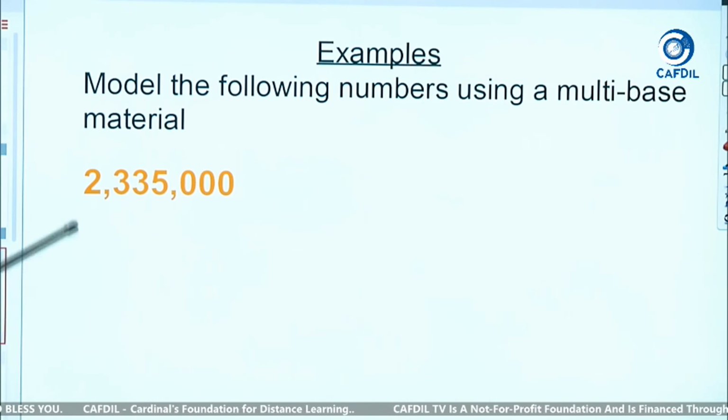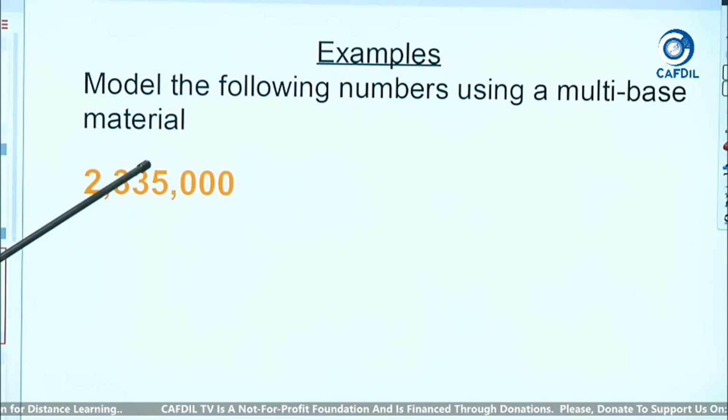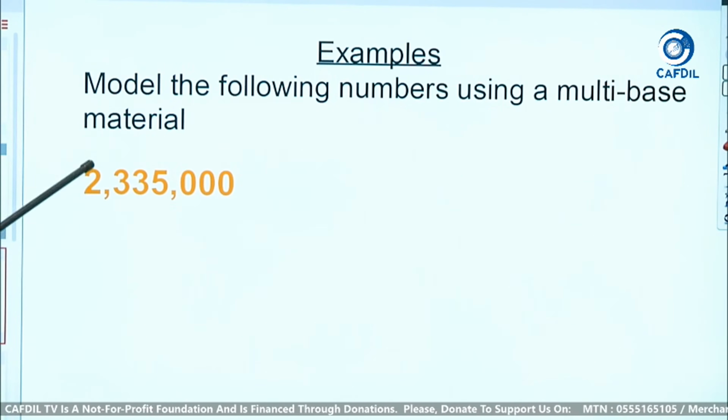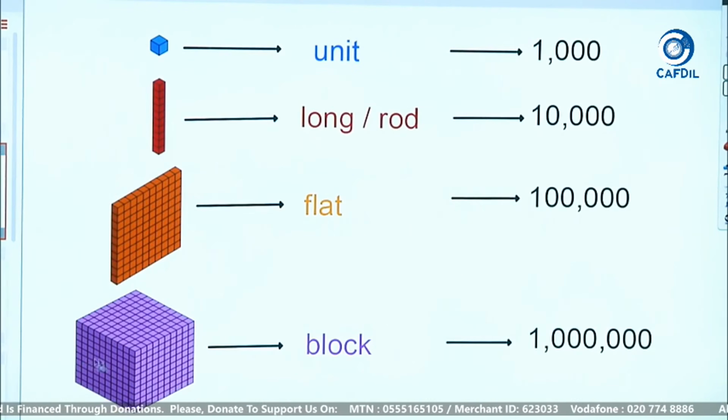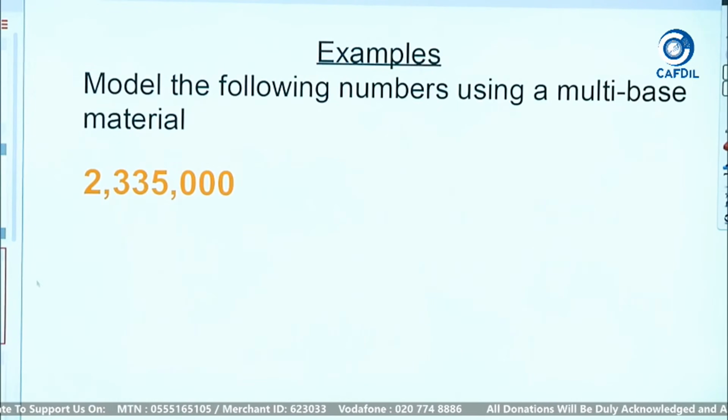So we have the million, the 300,000, we have the 30,000 and 5,000. So if this is 1 million, 2 million, and a block is 1 million, it means we are going to use 2 of the blocks.